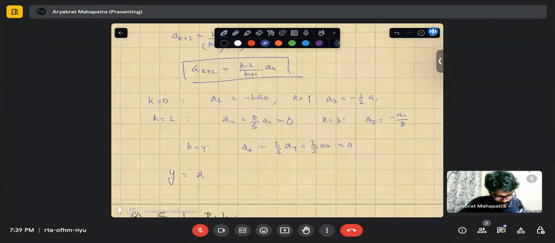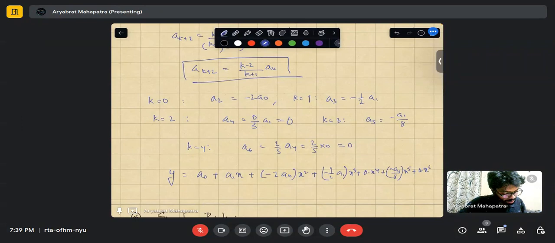So that is a0 plus a1 x plus a2 x squared plus minus half a1 x cubed plus 0 x^4 plus minus a1 by 8 x^5 plus 0 x^6, and so on.